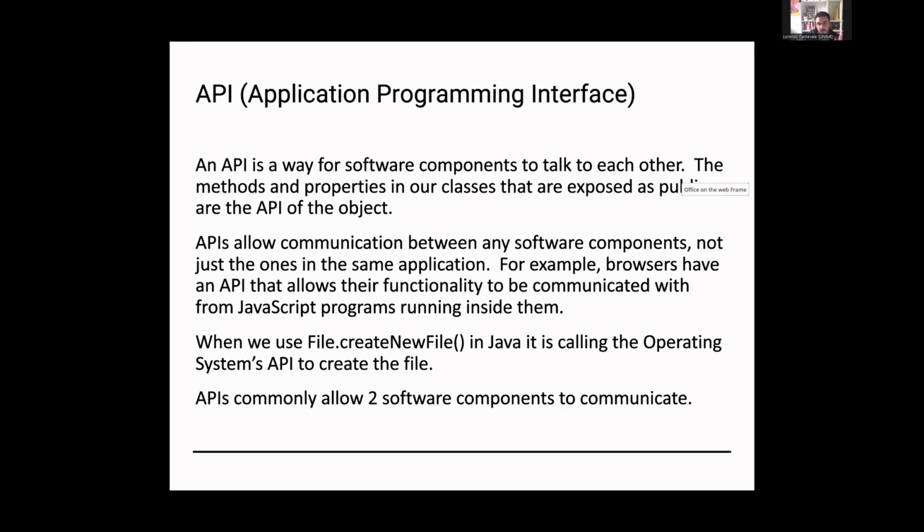It's a way for software components to talk with each other. Any service can create a RESTful server, but at the same time could be a RESTful client for receiving requests and for making requests.